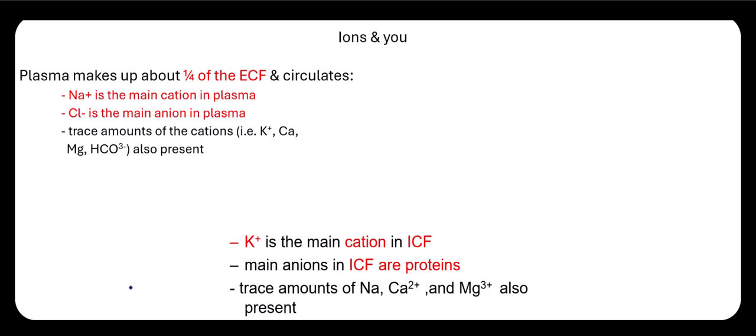So we'll talk about the proteins, and what you're going to do with those. Got a little bit of sodium, a little bit of calcium, a little bit of magnesium. What you're going to notice is most of your conversation with ions in both biochem and physiology is calcium, magnesium, sodium, and potassium. Where they go and what they cause by where they go, moving into the cell or out of the cell.